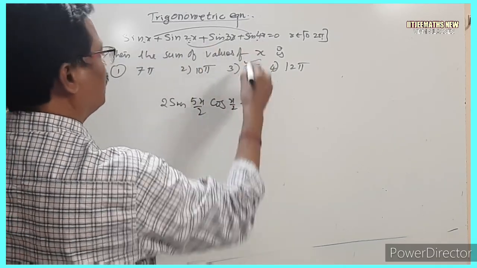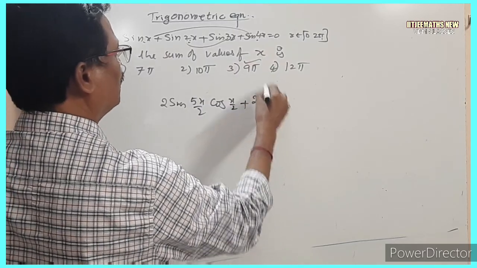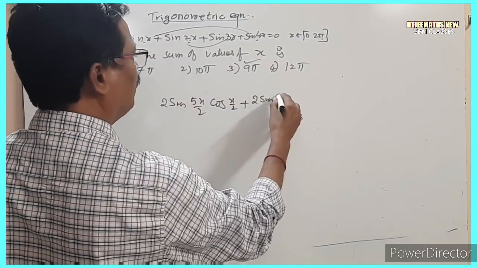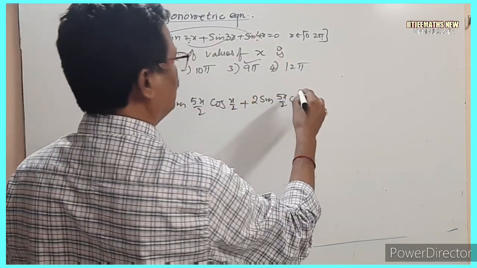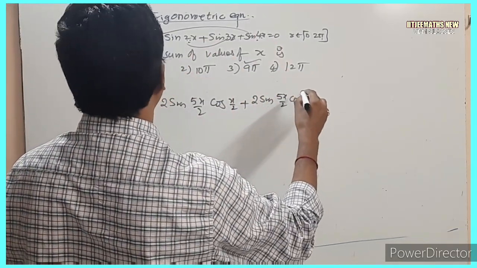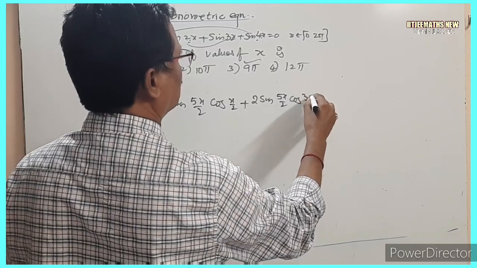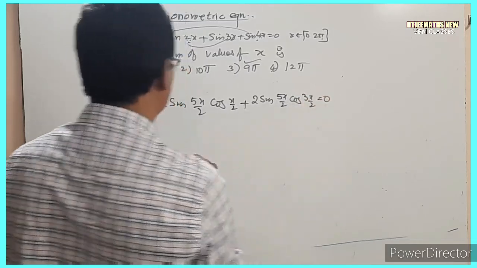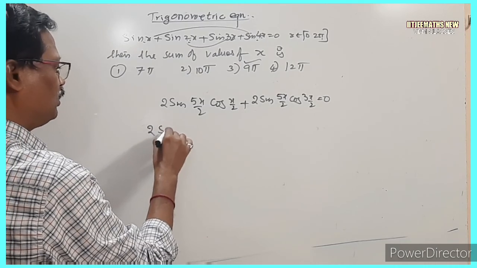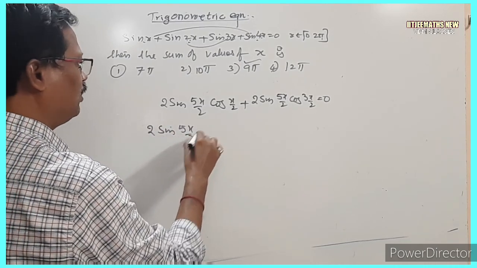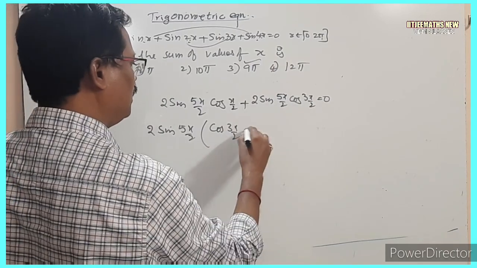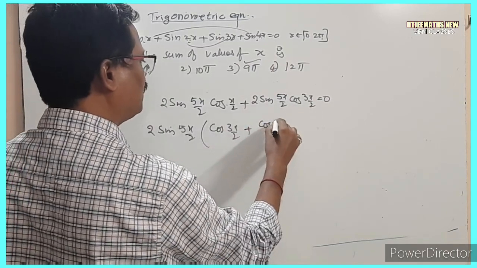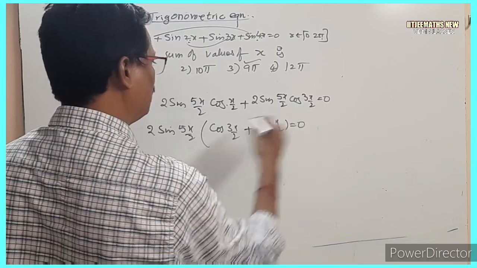Sum of these two: 2 sin of 5x by 2, cos of (4x minus x) by 2, that will be 3x by 2, is equal to 0. Now in these two, 2 sin 5x by 2 common, remaining cos 3x by 2, plus here cos x by 2 is equal to 0.